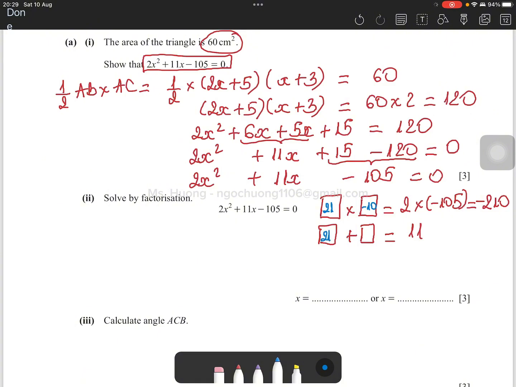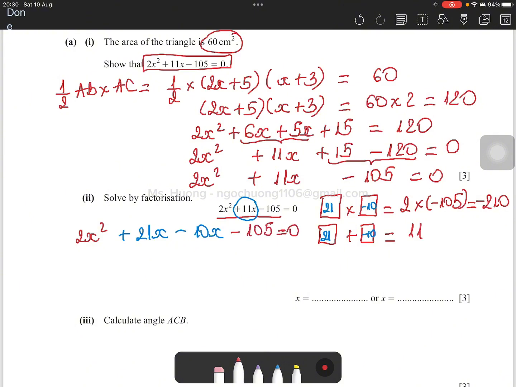And then 21 minus 10 is equal to 11. So I'll rewrite this as 2x squared. Instead of writing 11x, I will write 21x minus 10x, and then we rewrite negative 105 equals 0 again.